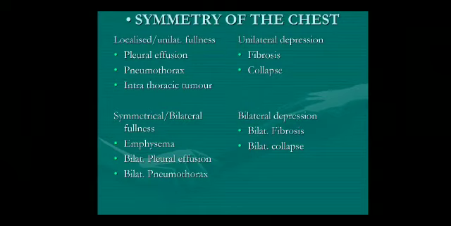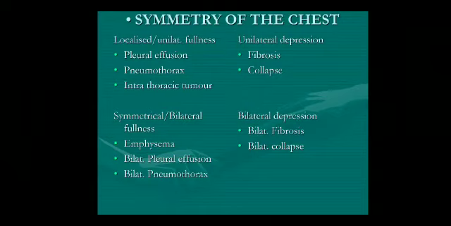Coming to the symmetry of the chest, it should be bilaterally symmetrical. Sometimes one side will be depressed or one side will be bulged. The causes for bulging will be pleural effusion, pneumothorax, or intrathoracic tumors. Whereas collapse of the lung or fibrosis of the lung on one side causes depression on one side.